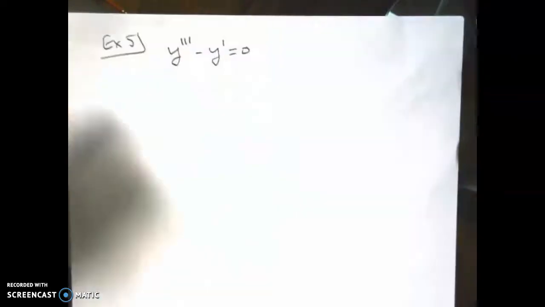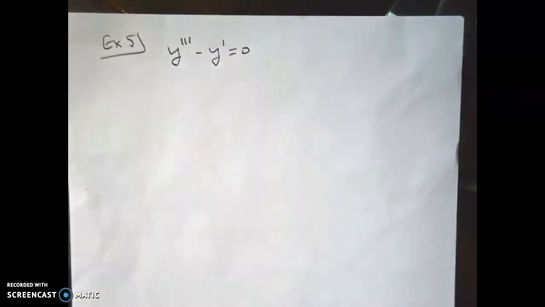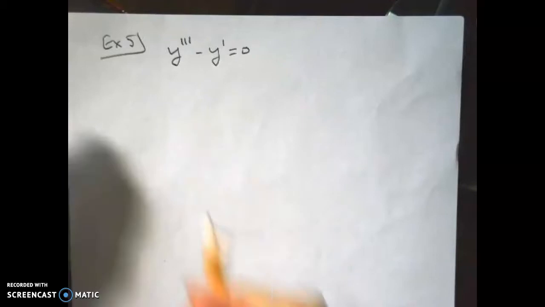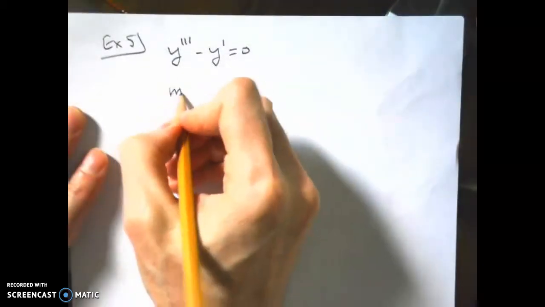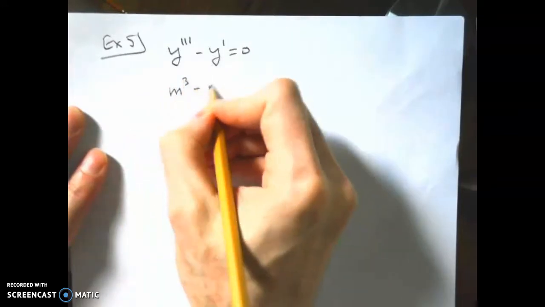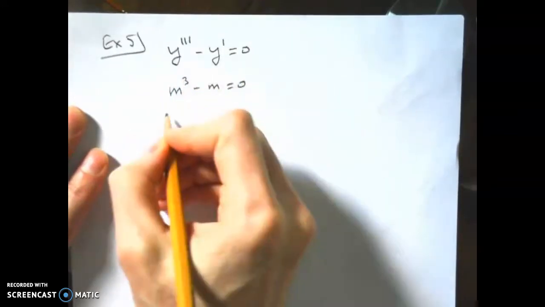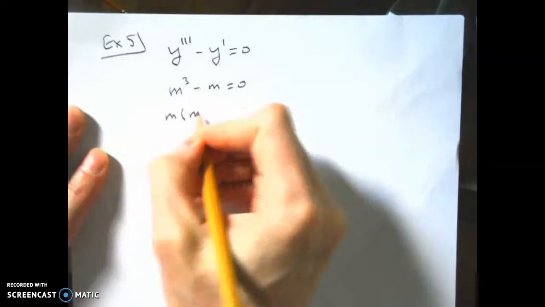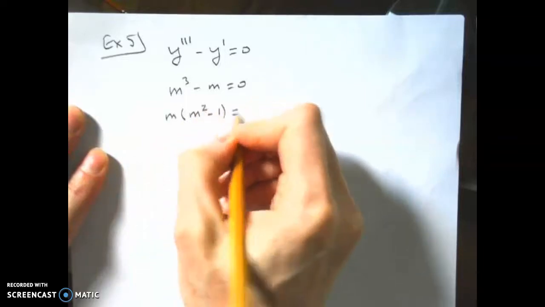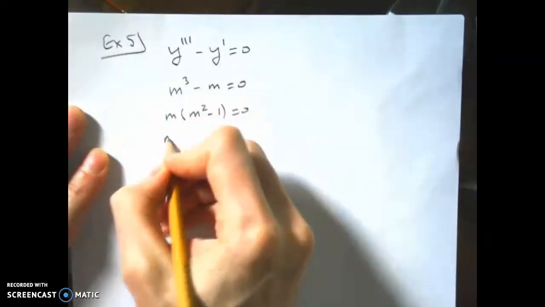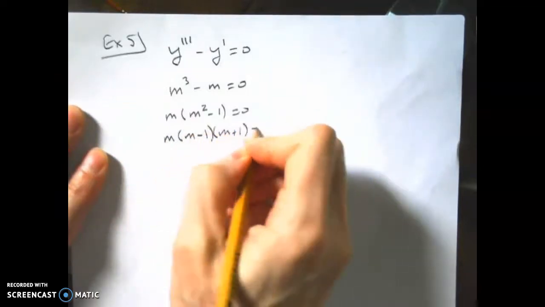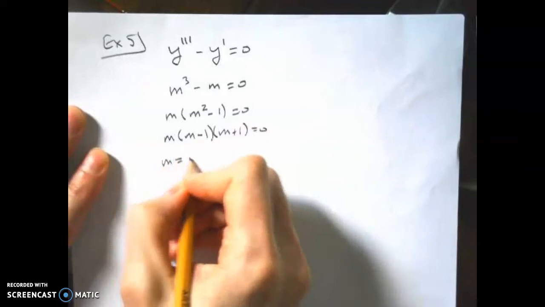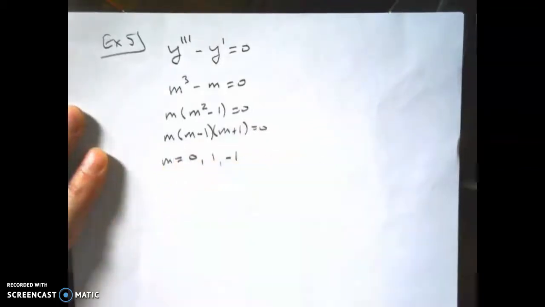And we're going to see here the same ideas apply. So the characteristic equation is going to be m cubed minus m is equal to 0. Factor that, m squared minus 1 equal to 0. So m times m minus 1, m plus 1 equal to 0. So m equals 0, 1, and negative 1.